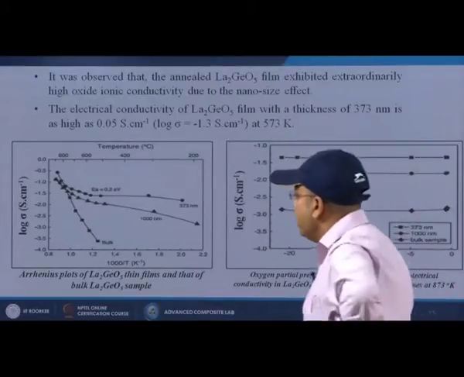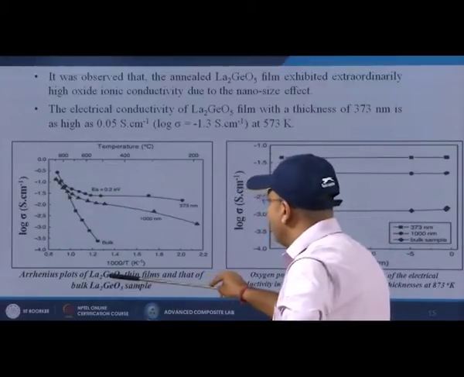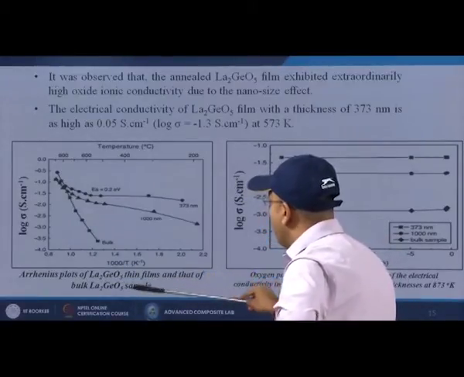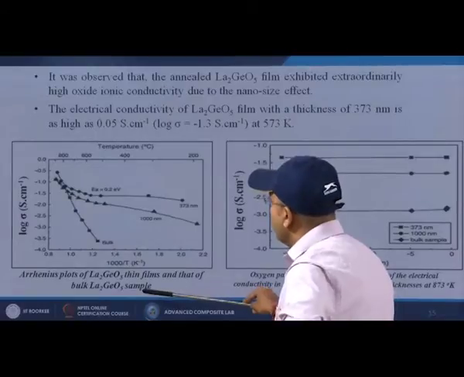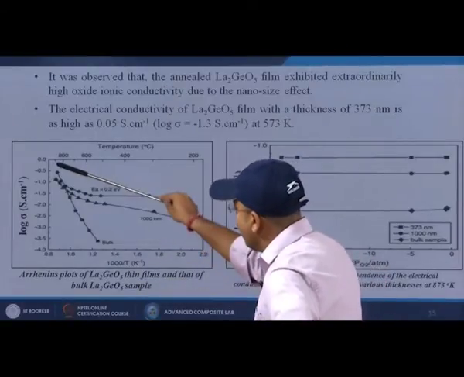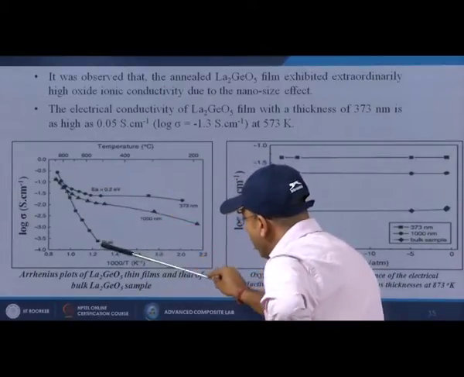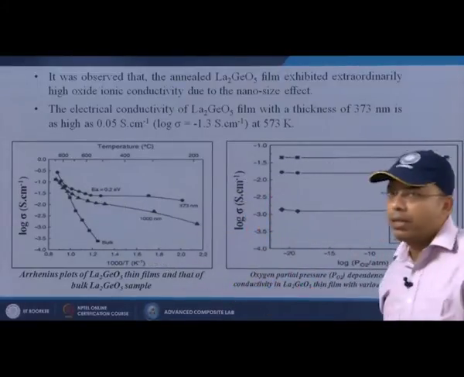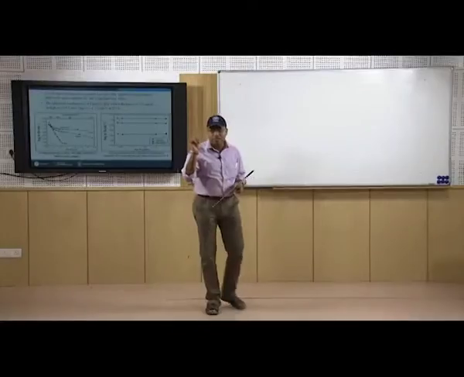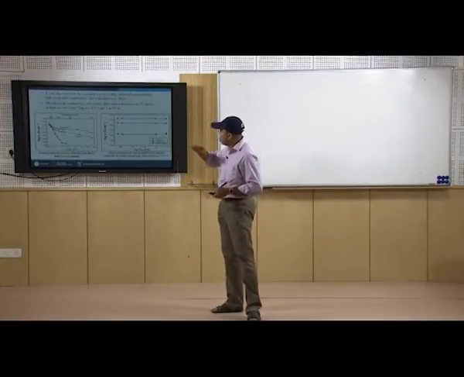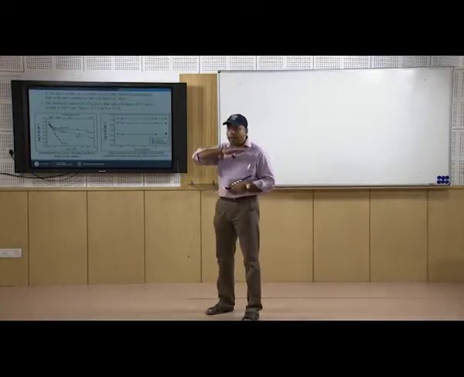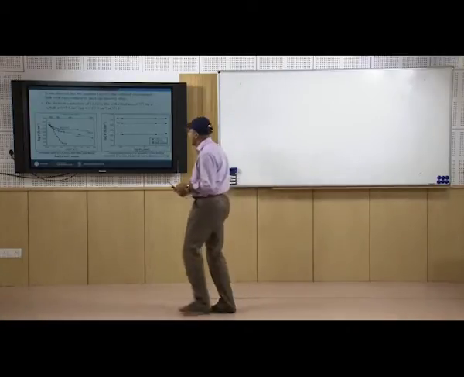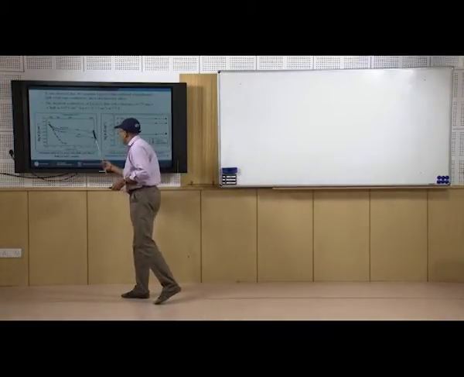So, log sigma is equal to minus 1.3 Siemens per centimeter at 573 Kelvin. Here is the Arrhenius plot of these thin films and that of the bulk. From the bulk we can see how drastically the value is changing, but when you use a 100 nanometer or maybe 300 nanometer size, the electrical conductivity is almost constant at that particular temperature.